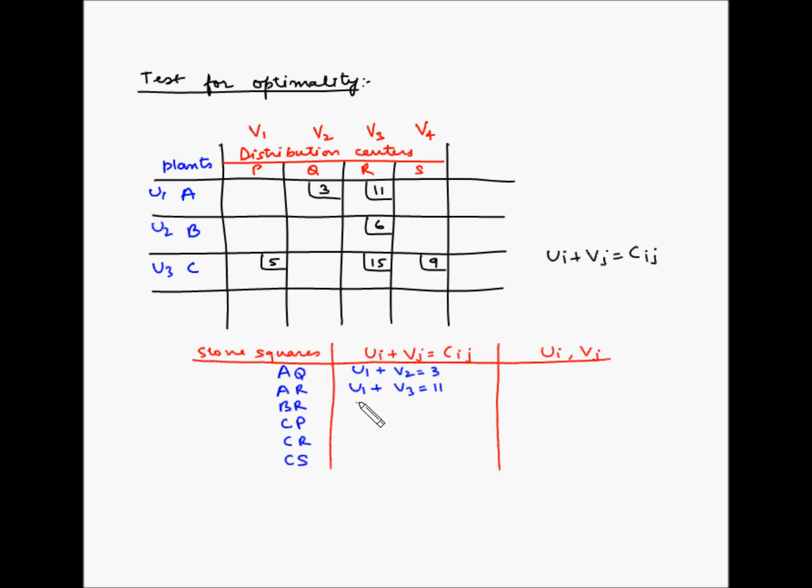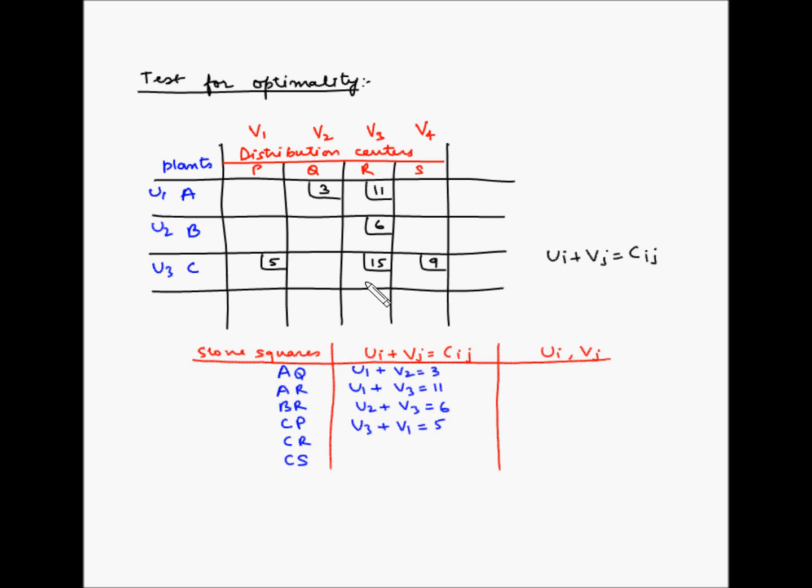So U2 plus V3 is equal to 6. For CP, Ui is U3, Vj is V1, and Cij is 5. So U3 plus V1 is equal to 5.